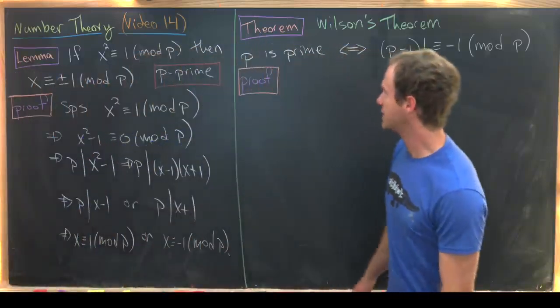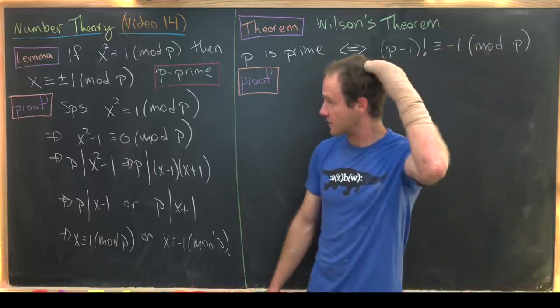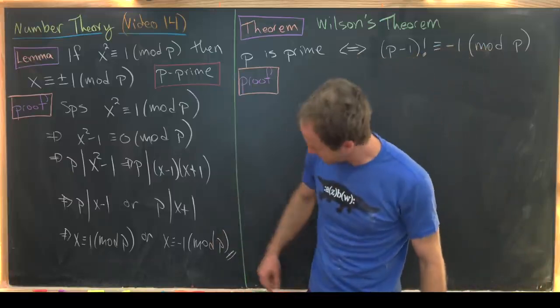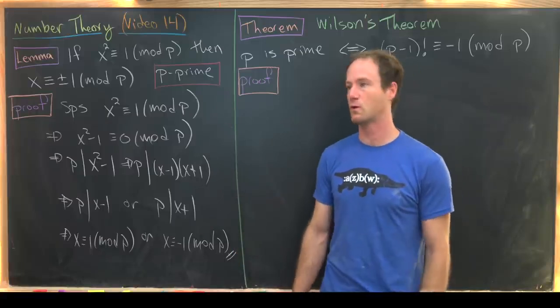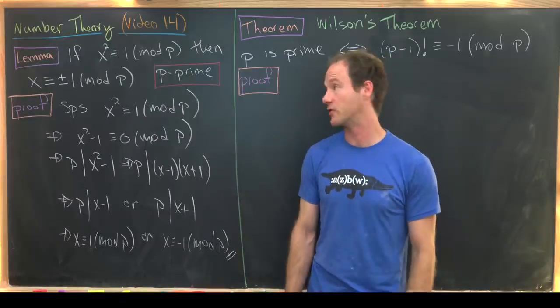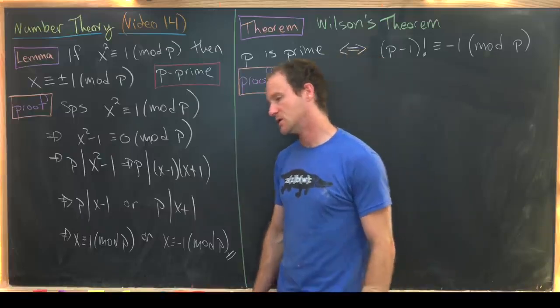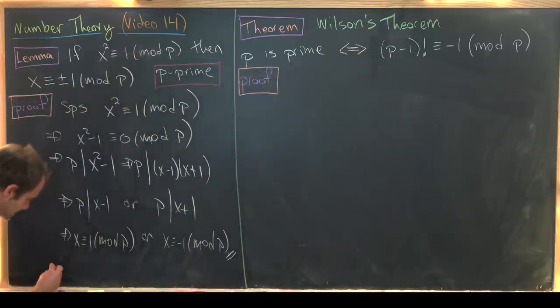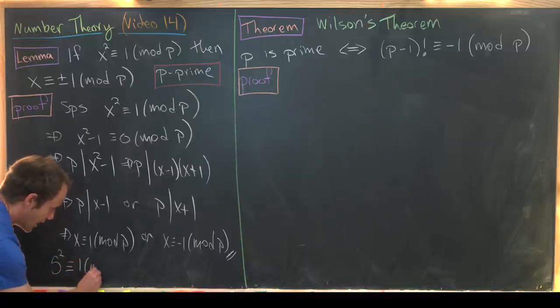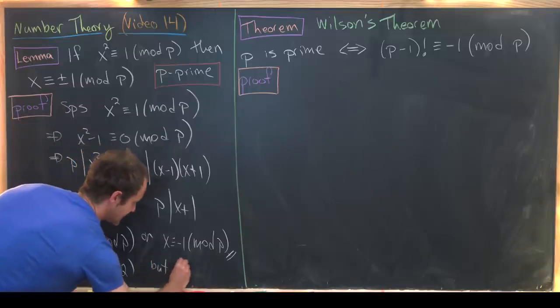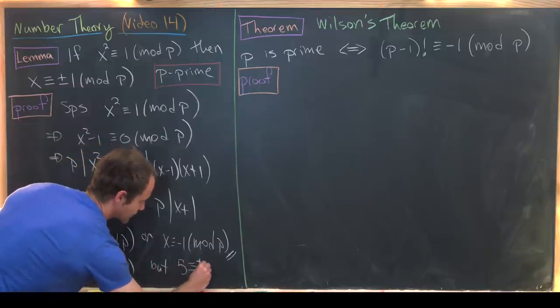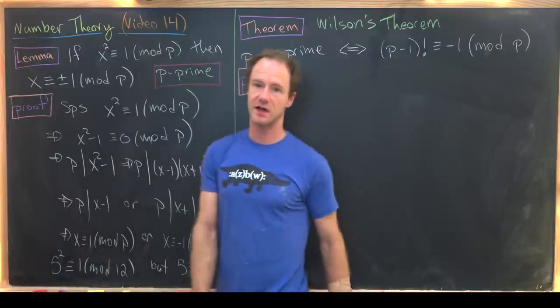Now, before we jump into the proof of Wilson's theorem, I want to notice that this kind of statement is not true if we're working modulo something other than a prime. So for instance, let's notice that 5 squared is congruent to 1 mod 12, but 5 is not congruent to plus or minus 1 mod 12.